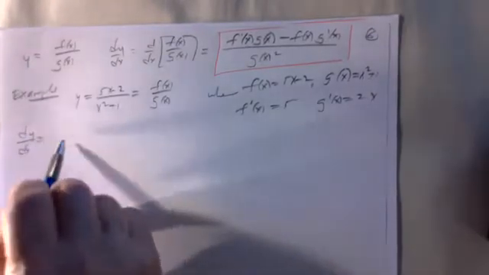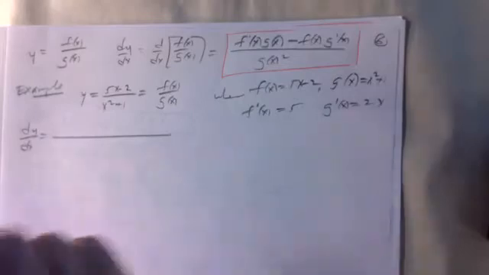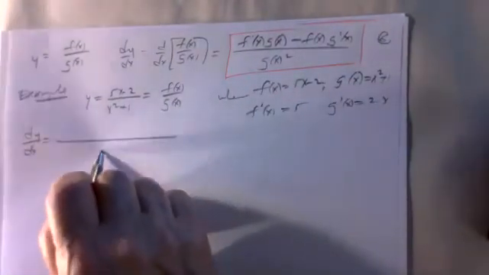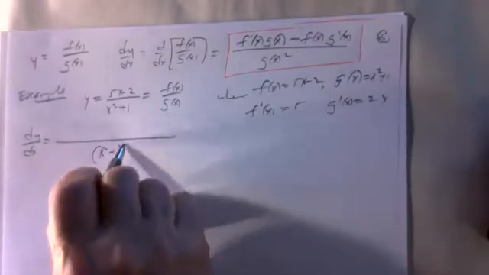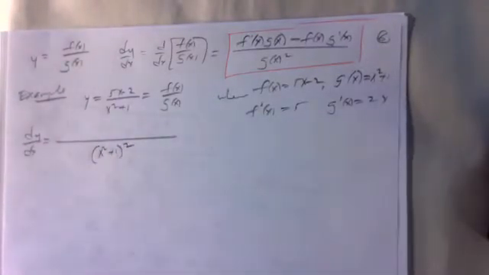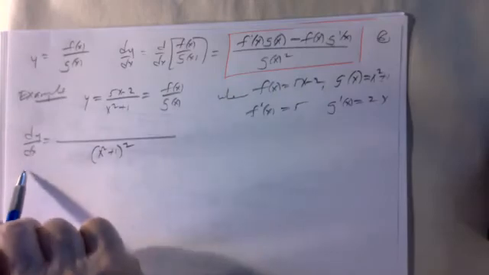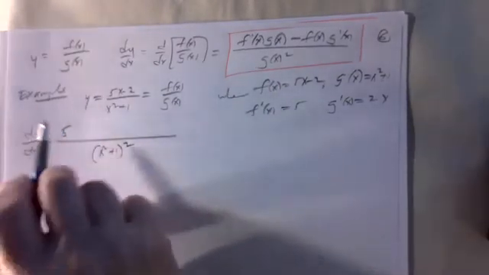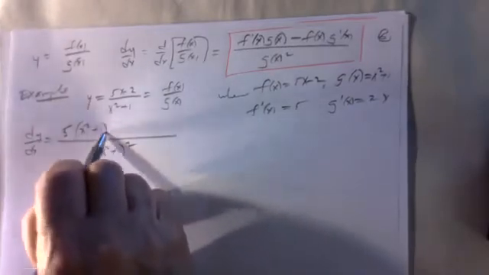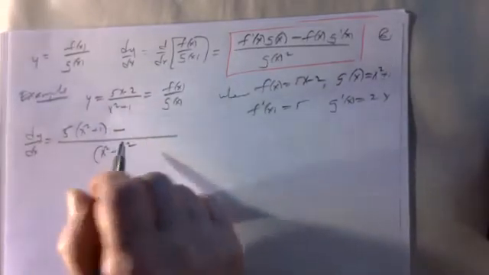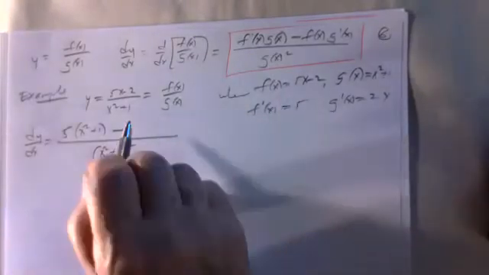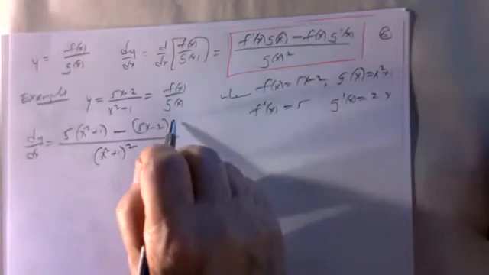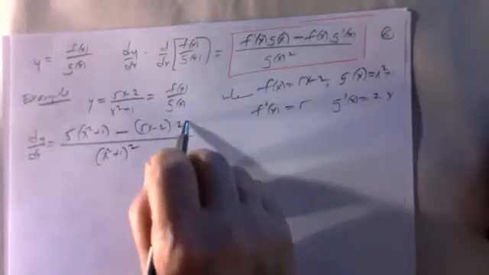So dy dx is equal to what? Well, it's the denominator squared. g of x is x squared plus 1, squared. And the numerator of this derivative is the derivative of f, which is 5, times the denominator, minus the numerator times the derivative of the denominator, which is 2x.